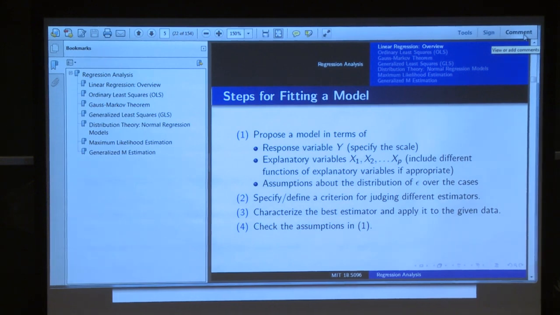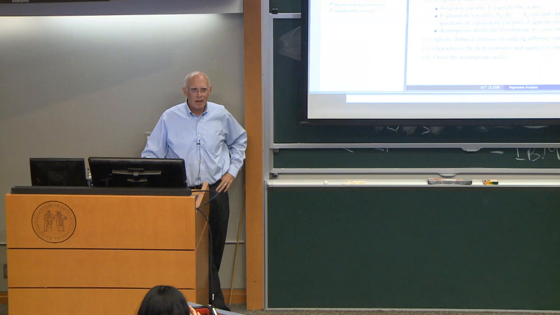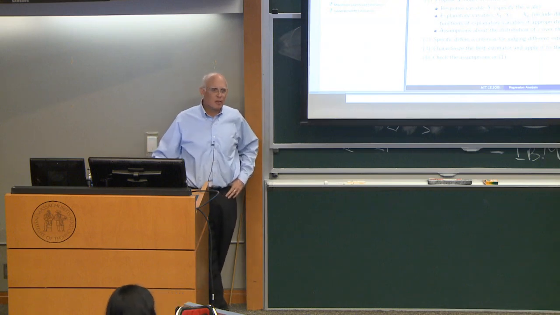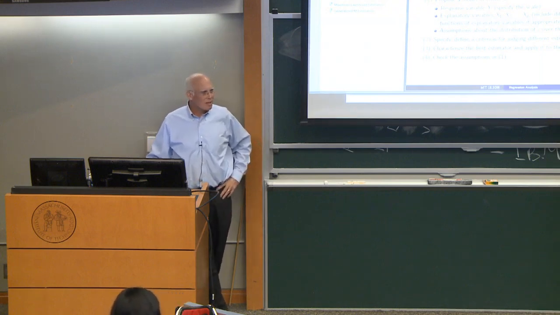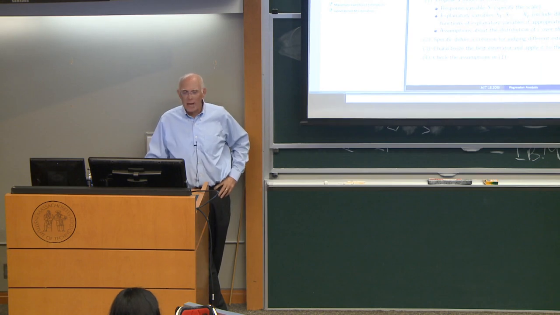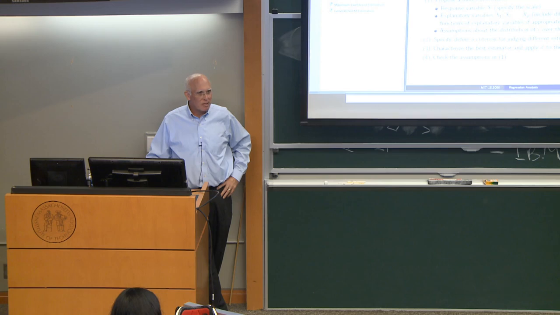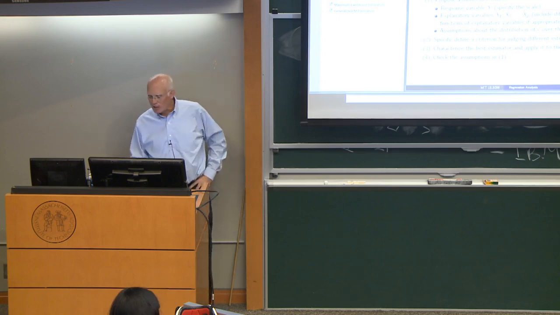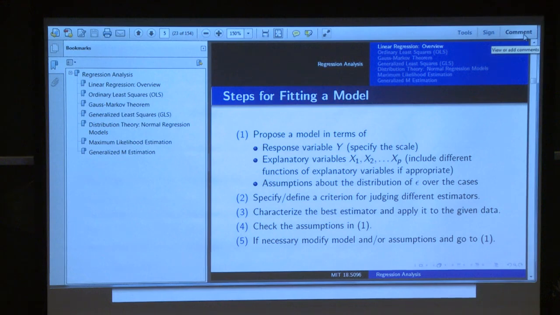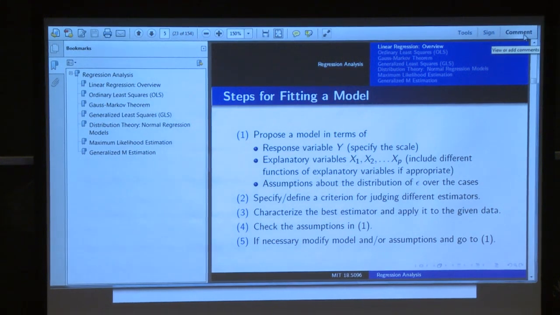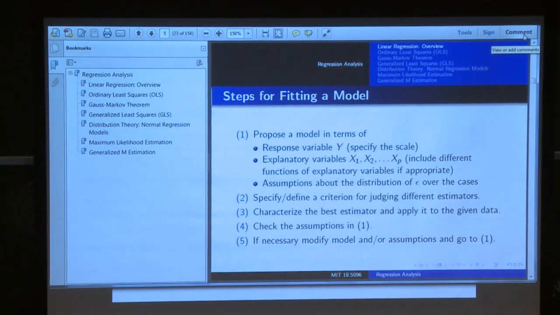Very often at this fourth step, where you're checking the assumptions that you've made, you'll discover features of your data or the process that's being modeled that make you want to expand upon or change your assumptions. So checking the assumptions is a critical part of any modeling process. And then, if necessary, modify the model and assumptions and repeat this process.